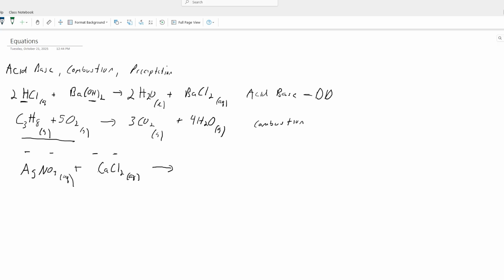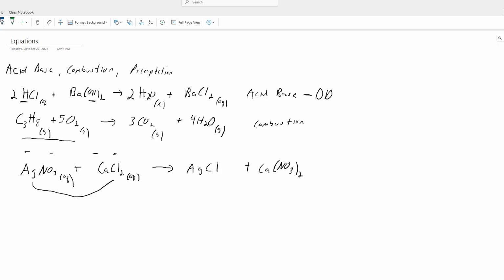So what is this going to yield? This cation is going to go with that ion. AgCl plus, this is going to give me Ca(NO3)2. You should know that nitrate is a -1 charge. Now the question is, what are the phases on the right-hand side? Well, you better look it up. I will give you a precipitation table that will tell you which two ions will form a precipitate.